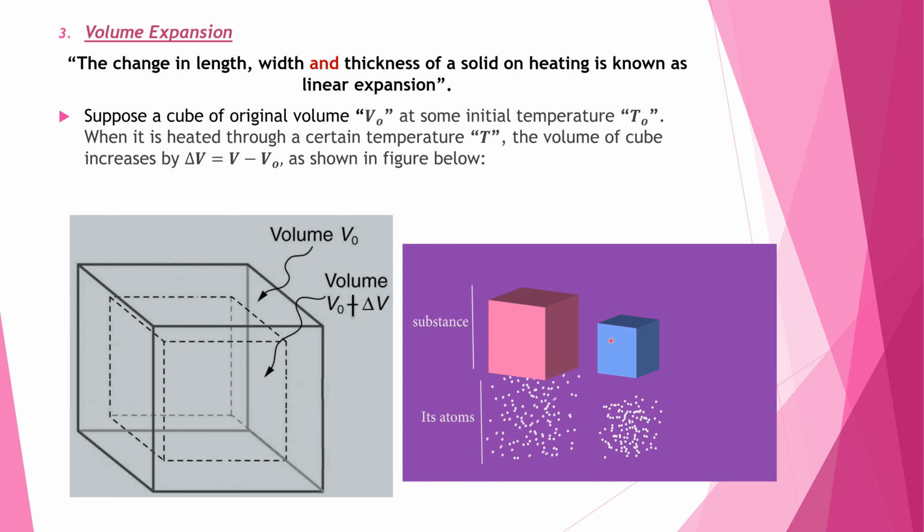The temperature of this cube is T naught, and you can easily see that the motion of a molecule is normal. So when the temperature of a cube increases, molecules start vibrating with larger amplitude, causing the increase in all three dimensions of solid.